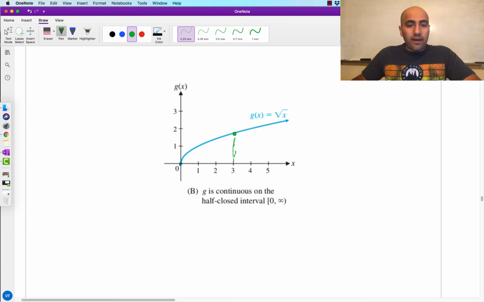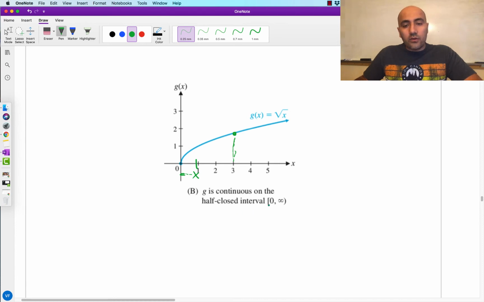And then what about at 0? The limit as x approaches 0 from the right-hand side does exist, and it's equal to 0. And the function is defined at x equals 0, and it equals 0. Therefore, this meets the definition of being continuous on one side.